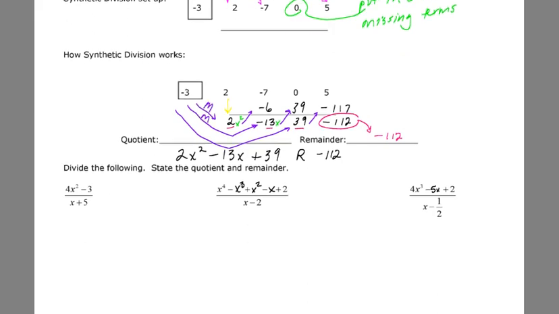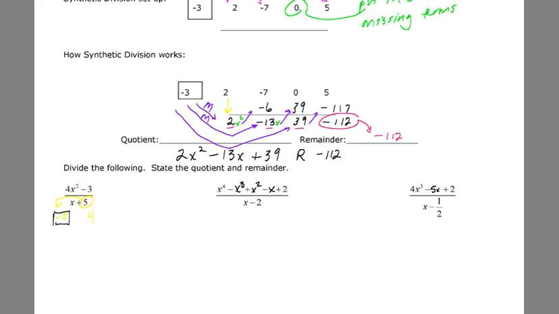So let's remember the setup. Start off with the box. And for this problem, what number is going to go in the box? We take this number right here, put it in the box, but we have to remember to change its sign. So in the box, that one's going to be a negative 5. Then we write down our coefficients. The first coefficient is 4.